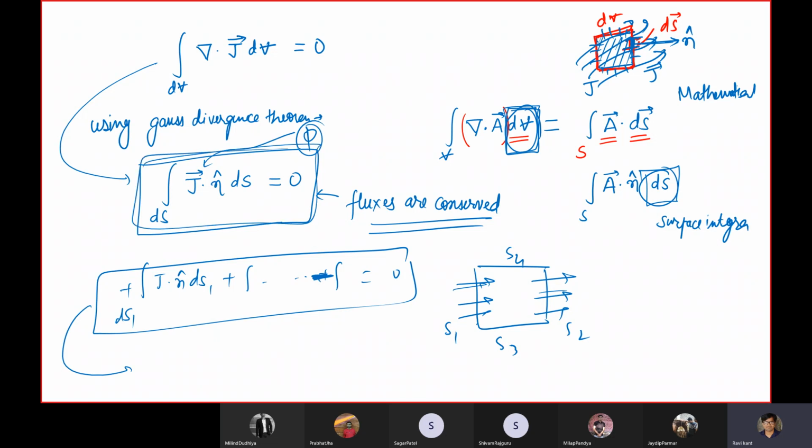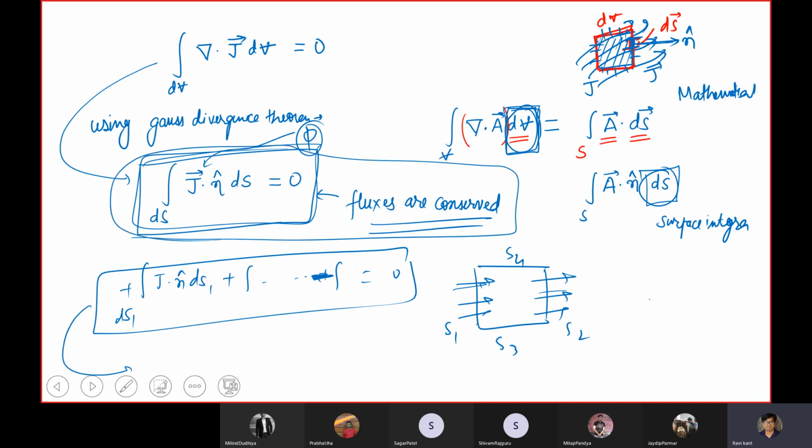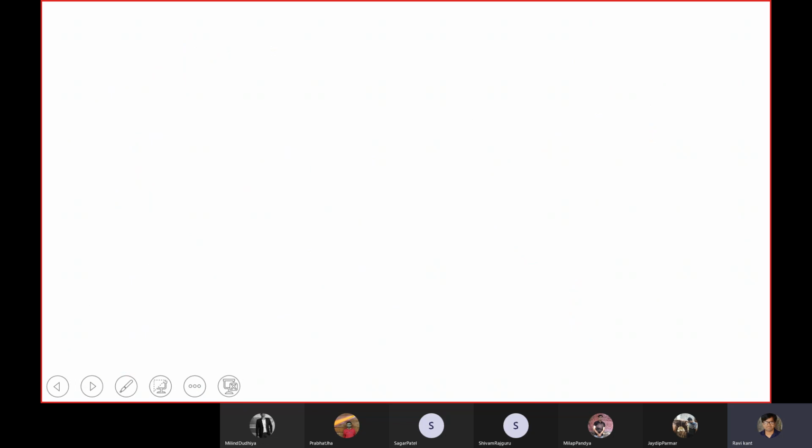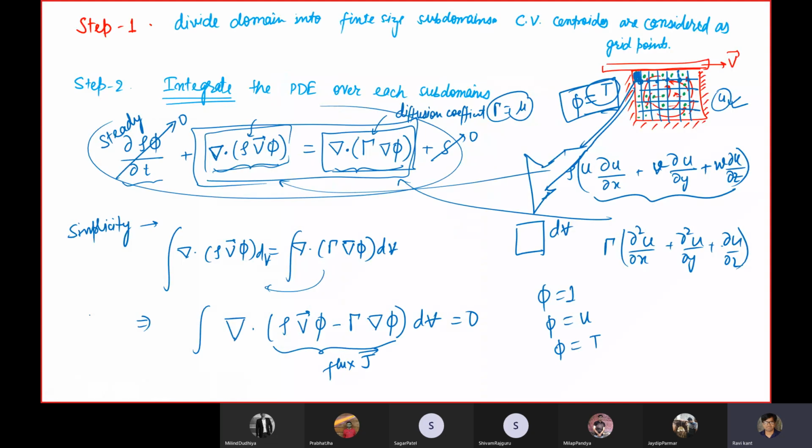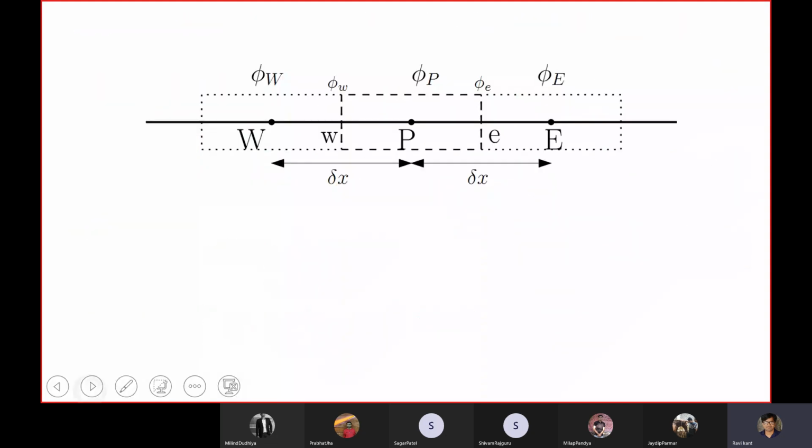Okay. Now we have some relations in our hand. Now let's move one step forward and take an example problem in order to understand this phenomenon better.